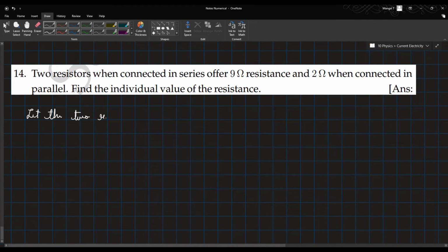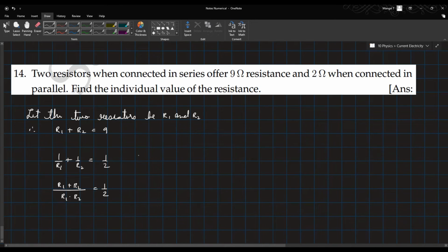Let the two resistors be R1 and R2. So therefore, you have R1 plus R2 as 9 ohm plus 1 upon R2 as 1 upon 2 ohm, because I'm taking an LCM. But we have R1 plus R2. So that will be 9 upon R1 R2 is 1 by 2.